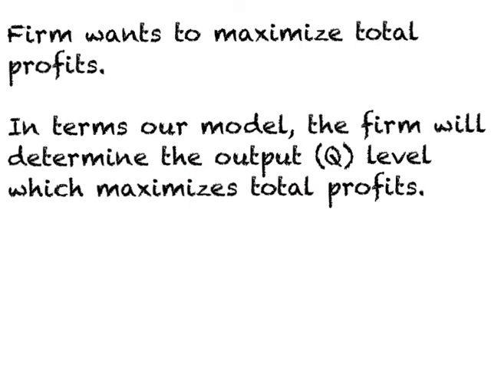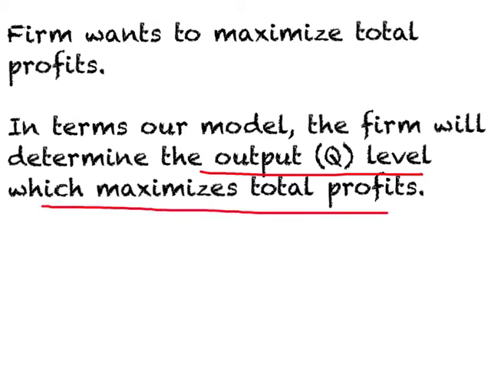Now we know the firm is rational, and by that we mean it wants to maximize total profits. To operationalize this, we have total revenue at different levels of output, and if we bring in total cost at different levels of output, essentially what the firm has to determine is the output level which maximizes total profits.